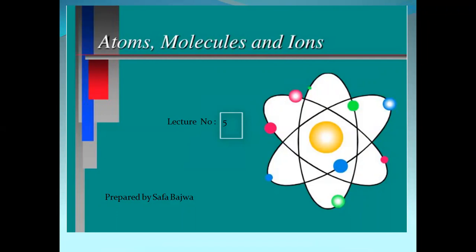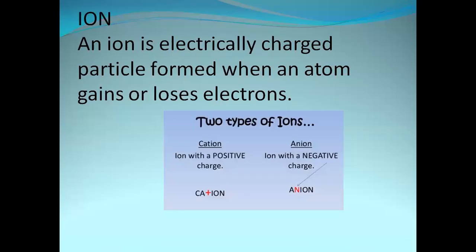We will see what basically an ion is, how an ion is formed, and what are the basic two types of ions. And by the end of this lecture, again, you will be given an assignment which you have to solve. So let's start today's lecture, lecture number 5, concept of ion.